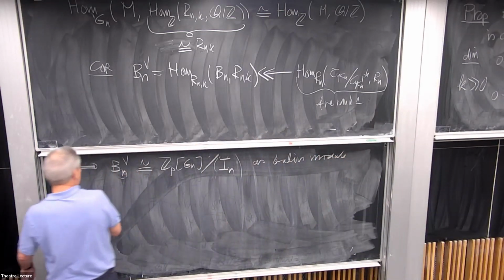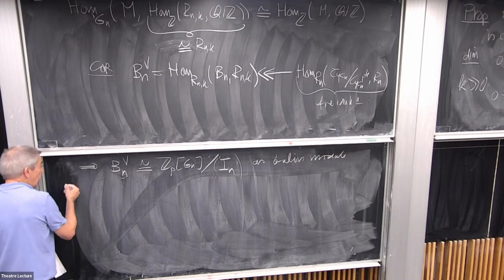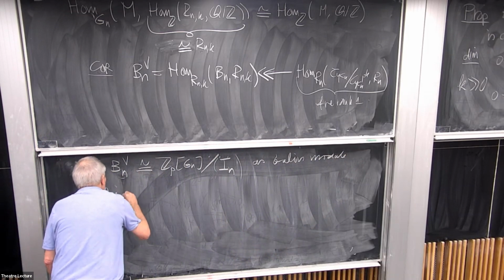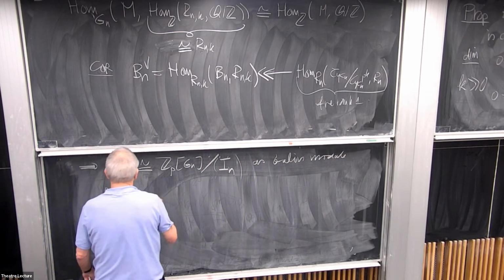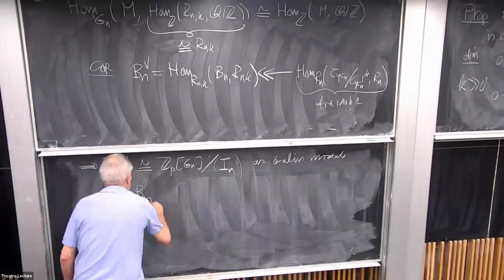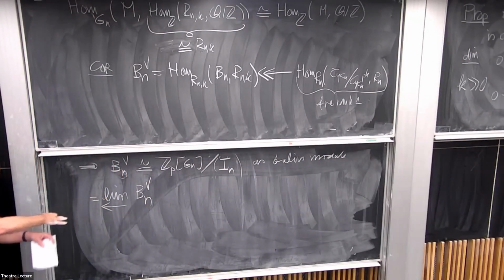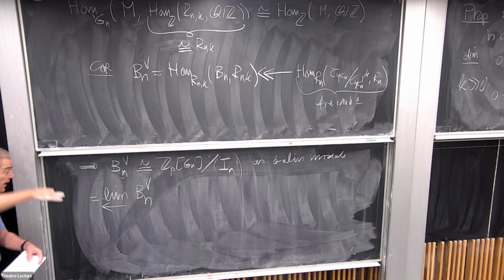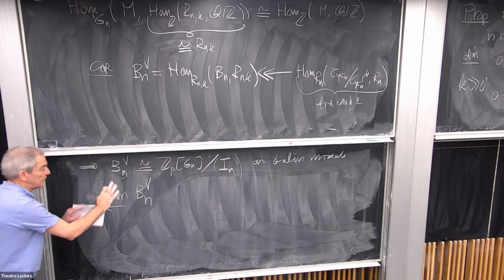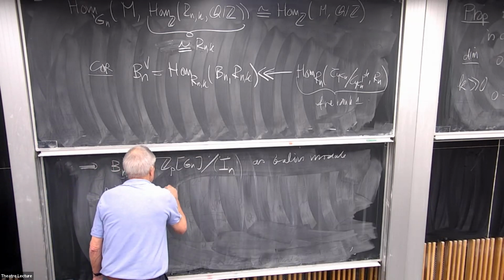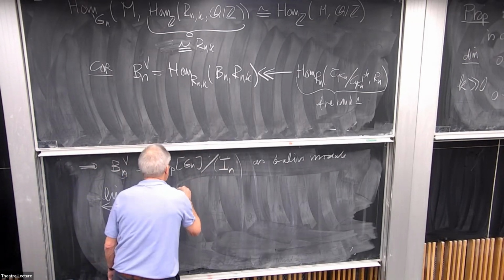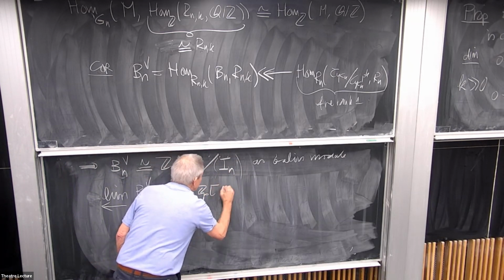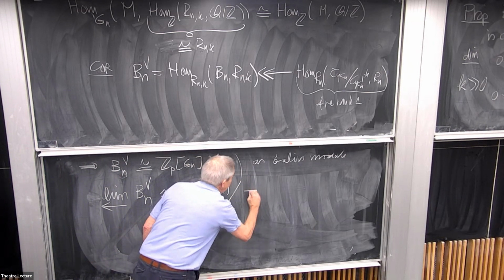And this I have for all n's and m's, and I can glue them together. So I can take the projective limit of these Bn tilde, and if lambda is 0 this is the Bn that stabilizes, but if lambda is not 0, then not. Then this is isomorphic to the projective limit of Zp Gn modulo some ideal.